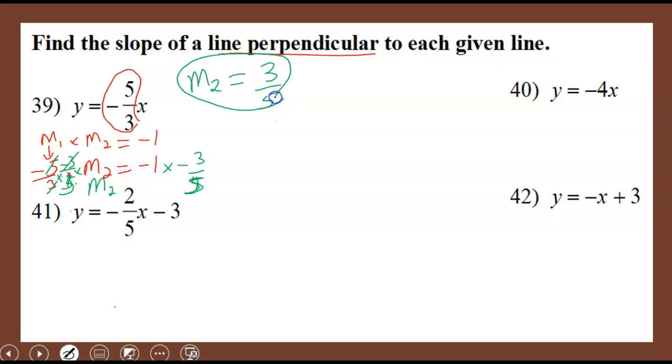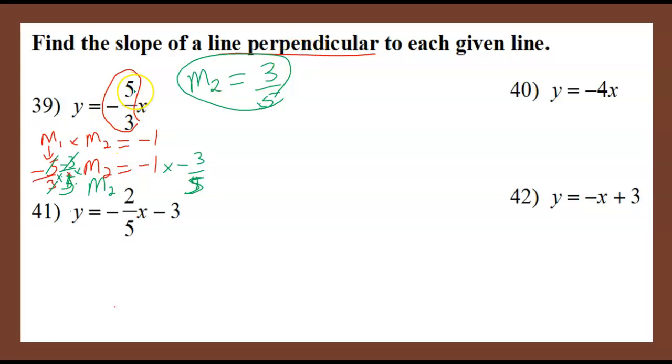If we notice, positive 3 over 5 is the opposite reciprocal of negative 5 over 3, because the opposite of negative 5 over 3 is positive 5 over 3, and the reciprocal of positive 5 over 3 is 3 over 5. So we use the slope of line 1 to find the slope of line 2.